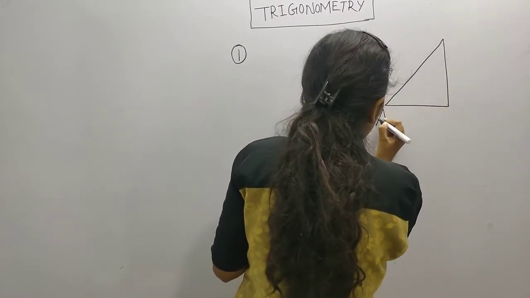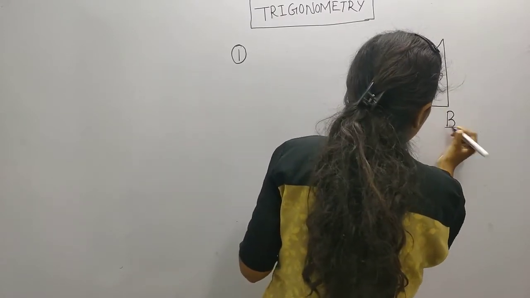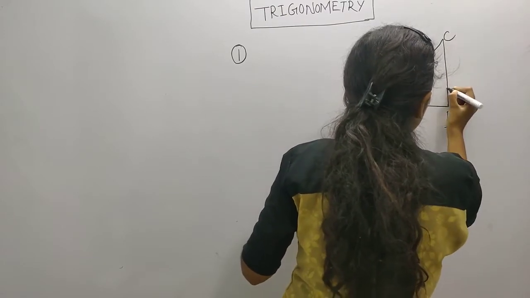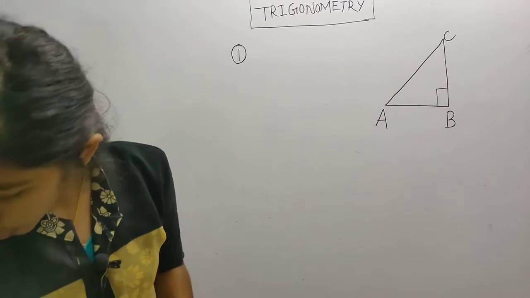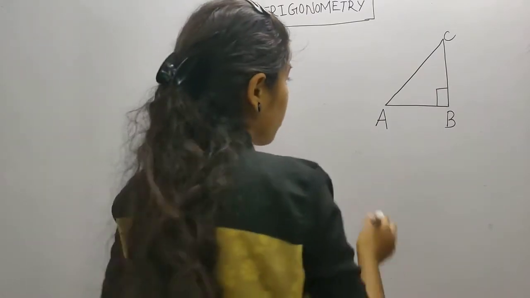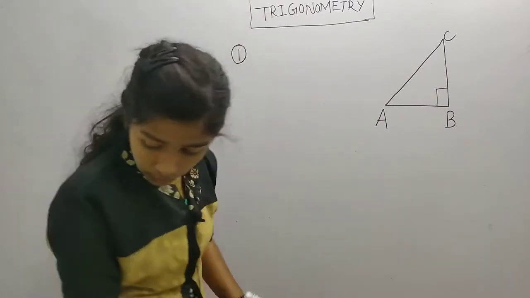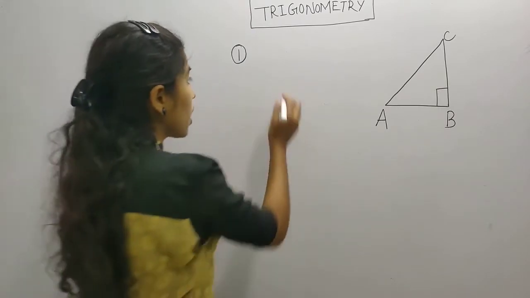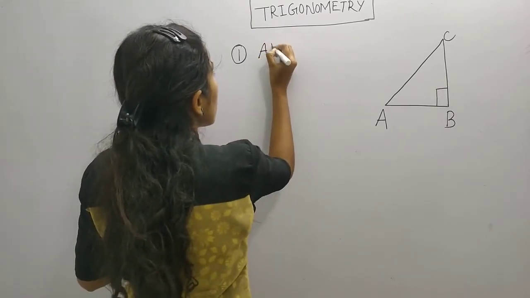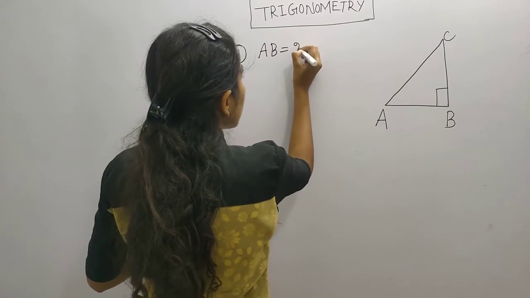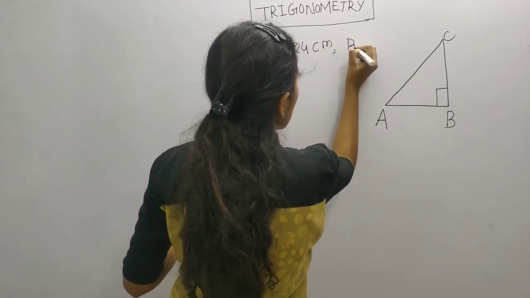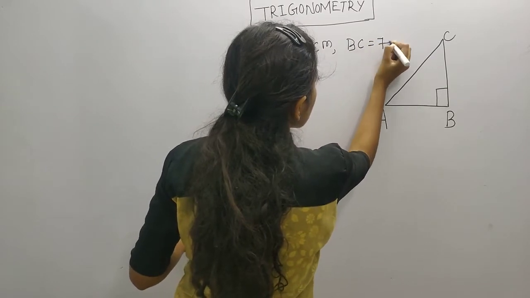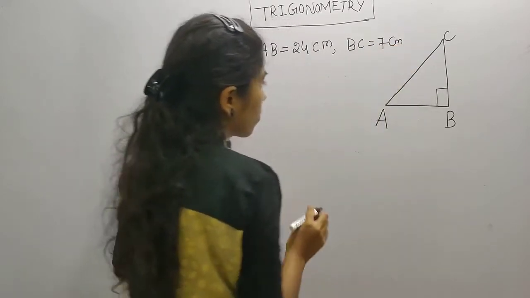This is A, this is B, and this is C. In the question it's given, in a right angle triangle, AB equals 24 cm, BC equals 7 cm.